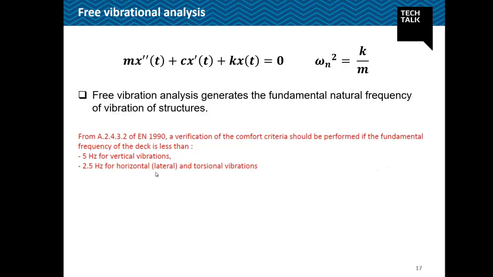Now we need to compare those fundamental frequencies with these values. If it is less than 5 Hz in Z direction, then I need to perform the comfort criteria check in Z direction, and if it is less than 2.5 Hz in lateral or torsional direction, then I need to perform a comfort criteria check in lateral and torsional direction. Let me take you to the software now, where we are going to perform the free vibration analysis.